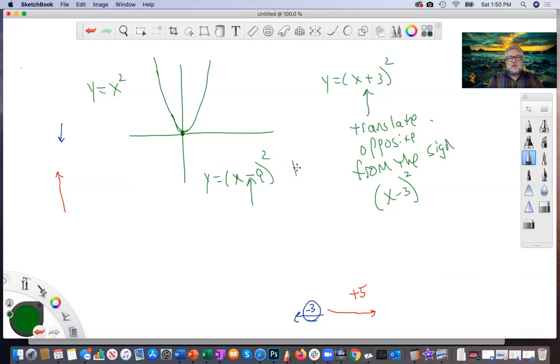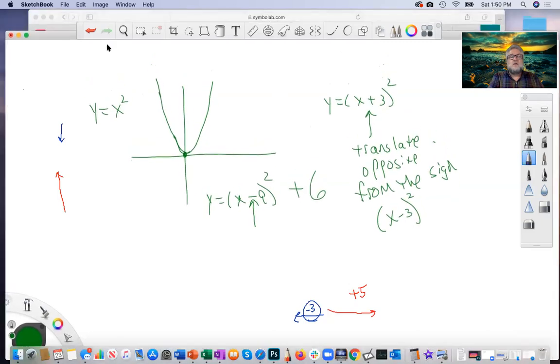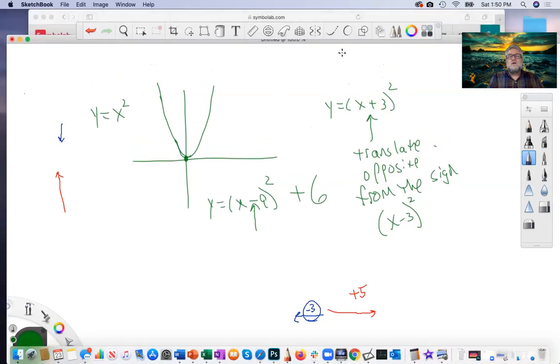But what if I add a plus 6? What's that do? Well, let's see, this is different. Let me make that go away. Okay, where's my eraser?